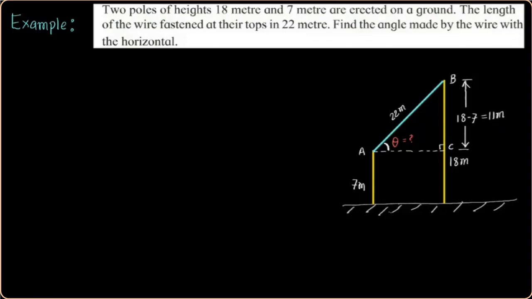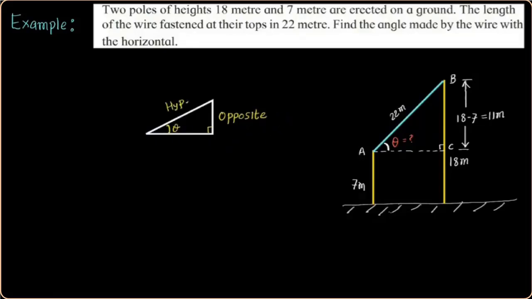So we have a triangle here. In this triangle, this side, BC, is given to us, and this side, AB, is given to us. The angle is not known. In this right angle triangle, friends, this side is called the opposite side, and this side is called the hypotenuse, and this angle is theta, for instance.